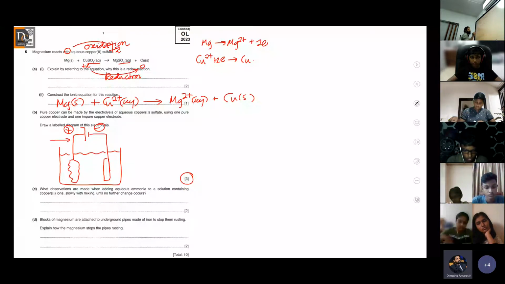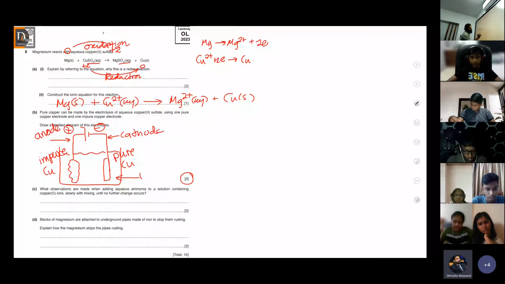This is anode, and this is cathode. Anode is impure copper. And cathode is what? Pure copper. And the solution is copper sulfate aqueous.